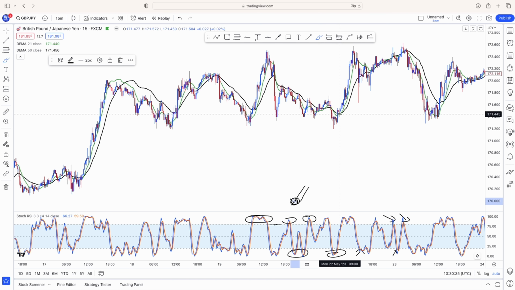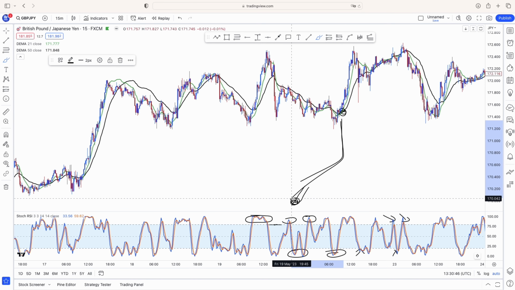Here, when the green line crosses and goes above the black line, we look for buying opportunities. We want these two conditions to happen at the same time. When they do, we buy. If one happens and the other doesn't, we ignore that position. We only buy when they occur at the same time.